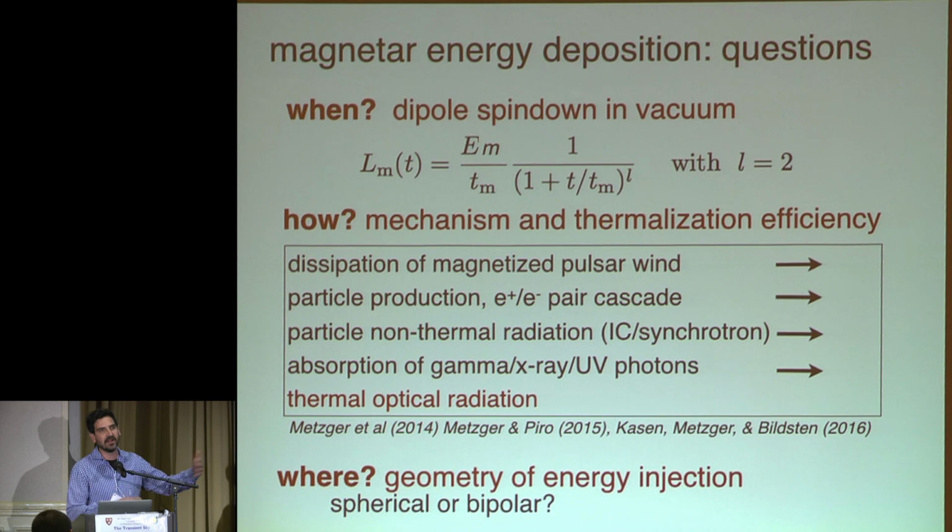Basically, the energy is coming out of the magnetar as a very magnetized wind, mostly Poynting flux, and somehow that gets dissipated through instabilities or reconnection or something and produces high energy particles, electron-positron pairs. Those will cool quite rapidly due to inverse Compton and synchrotron radiation. And basically at the end of the day, you get this big pool of hard radiation, gamma rays, X-rays, UV radiation, basically spanning the whole electromagnetic spectrum.